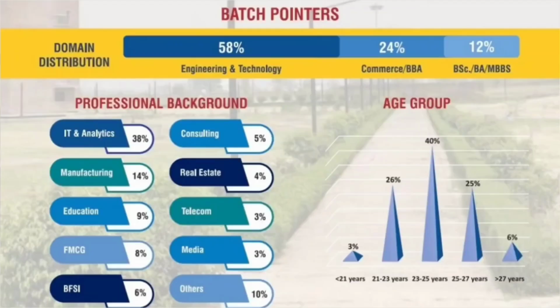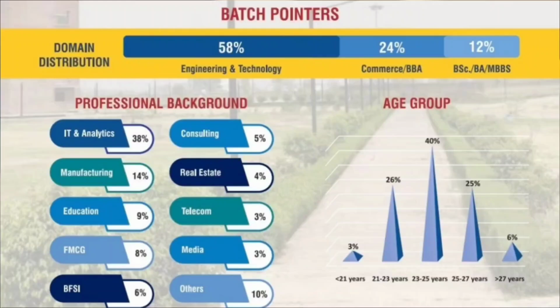Then if we consider the overall professional background of the candidates, 38% candidates are from the IT and analytics background, 14% from the manufacturing background, 9% from the education background, 8% from FMCG, 6% from BFSI, 5% from consulting, 4% from real estate, 3% from telecom, 3% from media, and 10% have a professional background other than this.